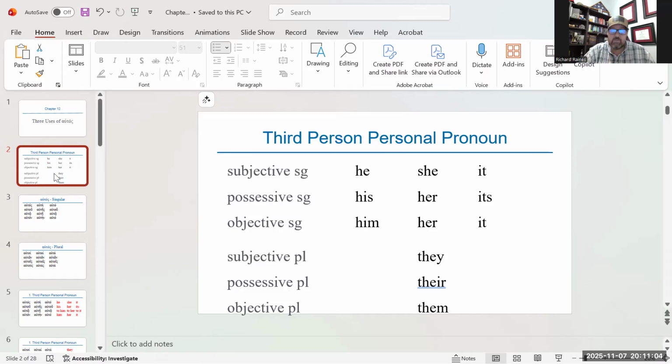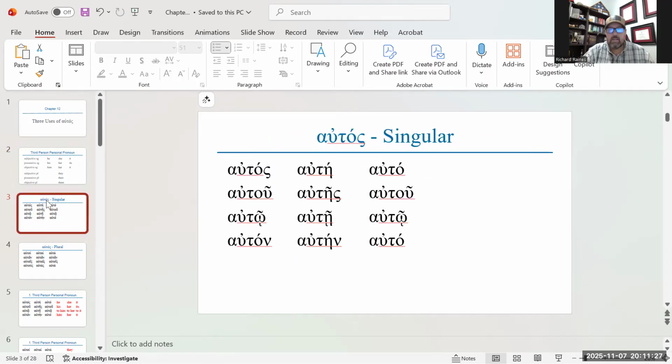And then you have the objective singular, him, her, it. And then obviously the plural. Plural is a little easier to remember in English because it's subjective they, possessive their, and objective them. So that's our version of autos, if you will, in English. But that's how we do third person pronouns in English.